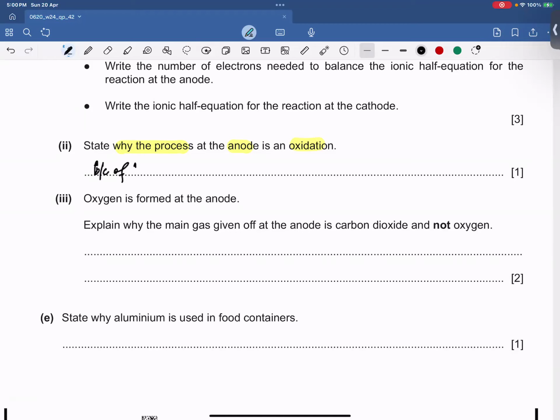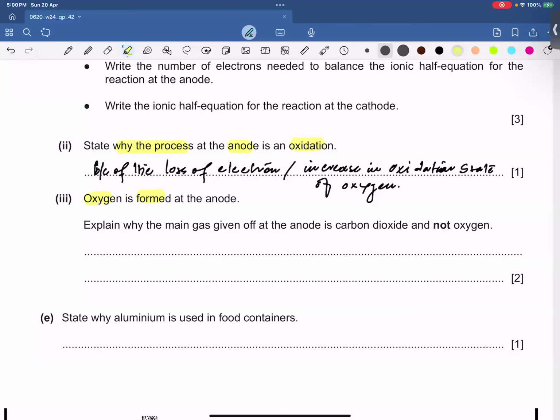So because of the loss of electrons and increase in oxidation state, oxygen is formed at the anode.